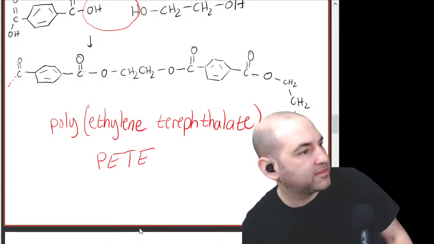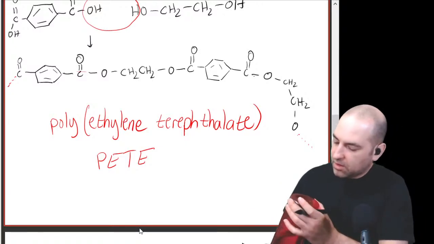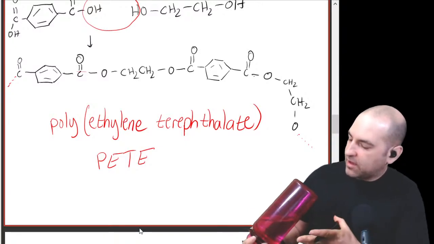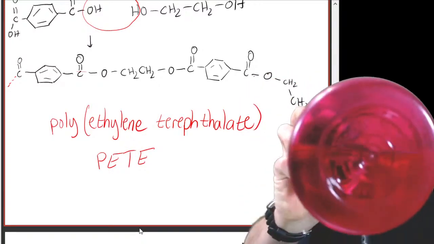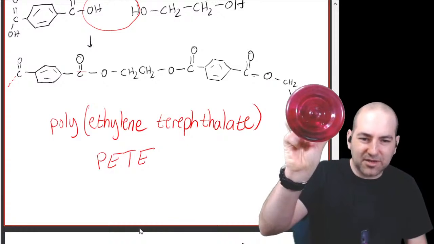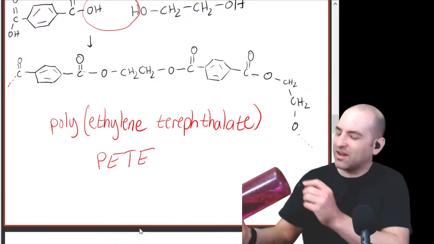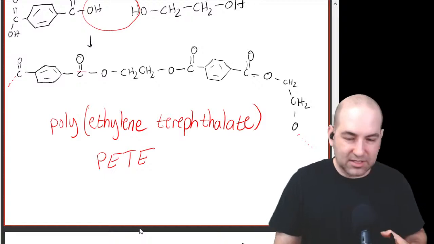If you look at the bottom of a plastic container, you will often see a little triangle with a number in it. I don't know if you can see it on my water bottle here. I don't know if that's really coming through, but it's a little triangle with a 7. Now, confusingly, that triangle looks like a recycling symbol.